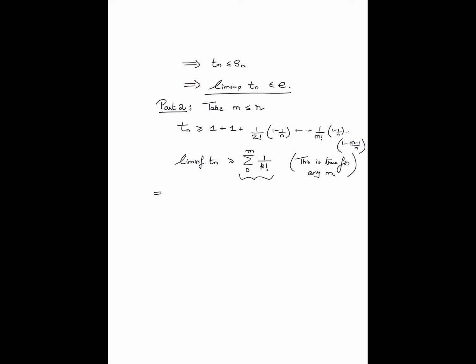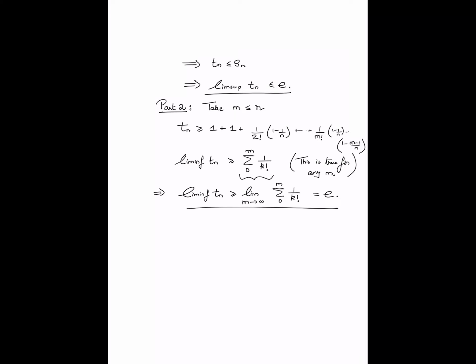So therefore I now conclude that lim inf of Tn is greater than or equal to the limit as m goes to infinity of this bound, which is summation 0 to m 1 by k factorial, which is in fact e. So part 1 proves that lim sup of Tn is less than or equal to e.